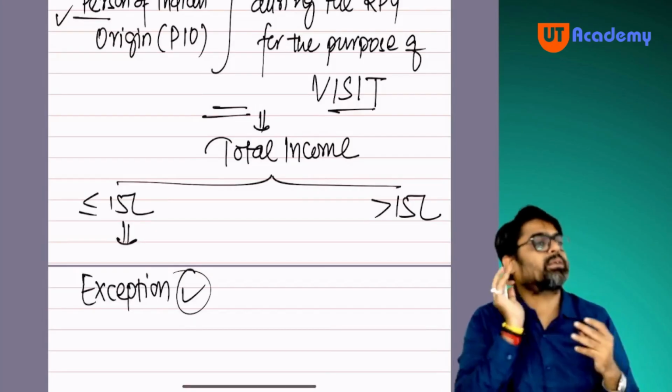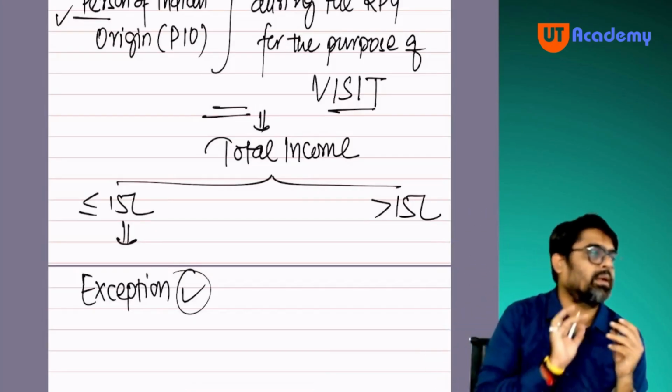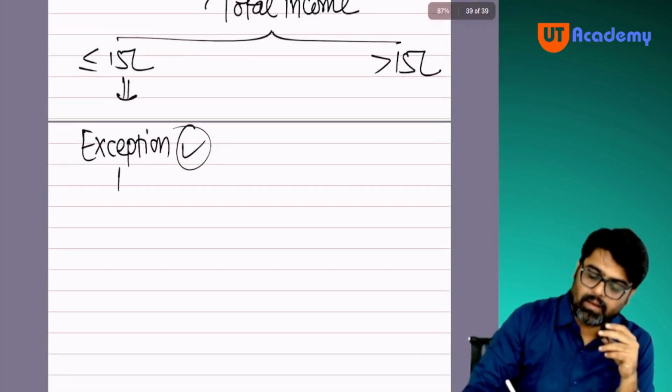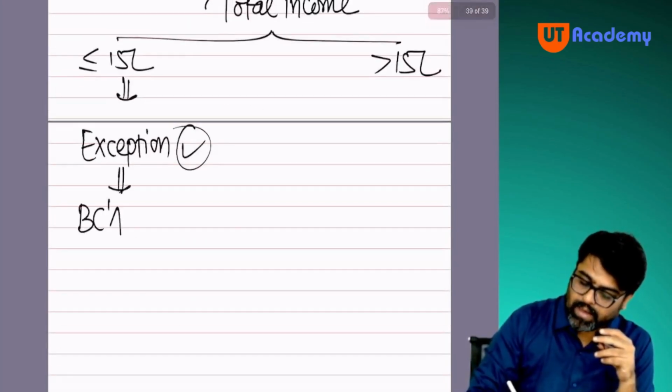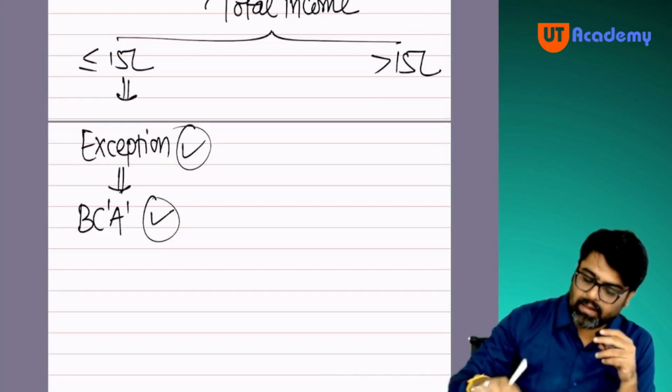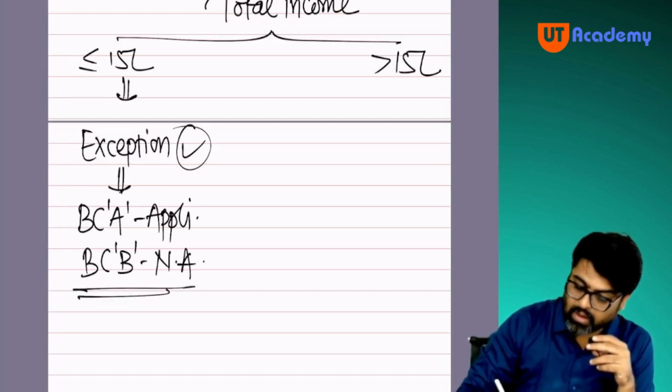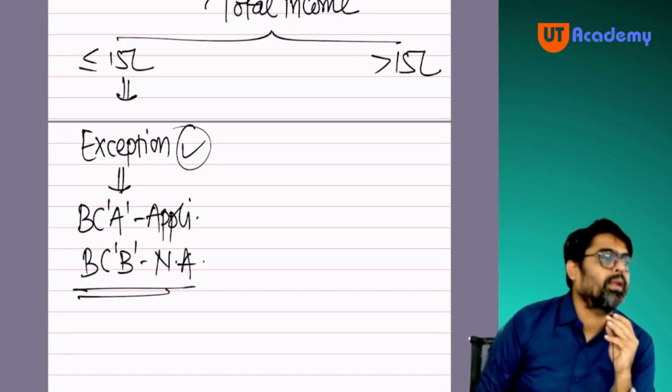So for these individuals, basic condition A will be applicable, B will not be applicable, because these individuals are covered in the exception.